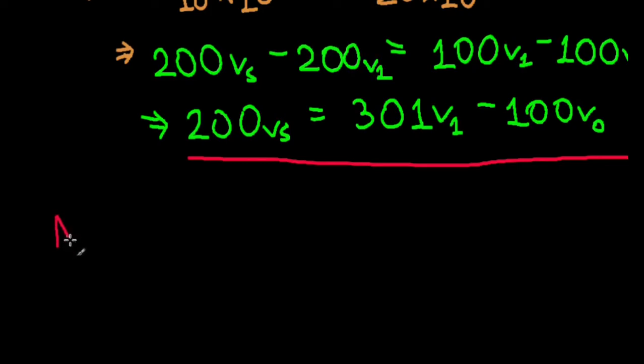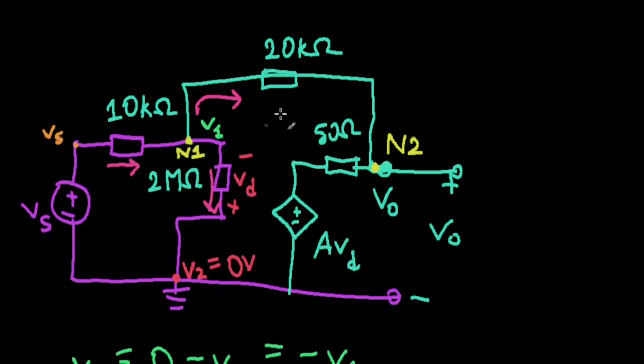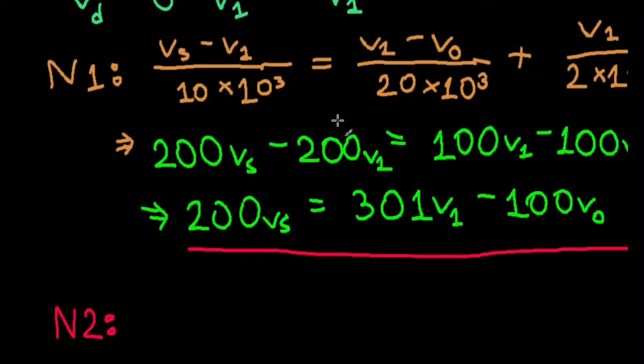So at node 2, we have this current entering, and let's say we have this current exiting. So the current entering is obviously equal to the current exiting, right? We actually already wrote an expression for the current entering.